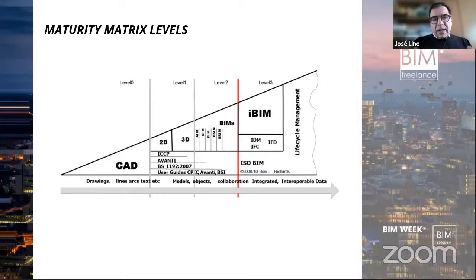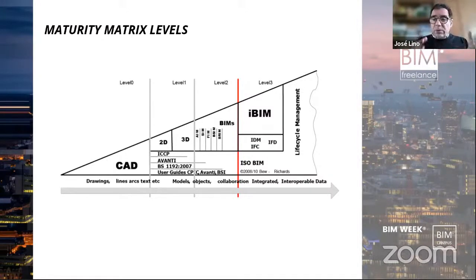And we have here this triangle, this famous triangle made by Mark Bew and Richards in 2008 for the global implementation in the UK, where they divide a progressive increase in BIM maturity step by step from 0 to 1 to 2 and to 3, okay? And in a nutshell, what are those levels?